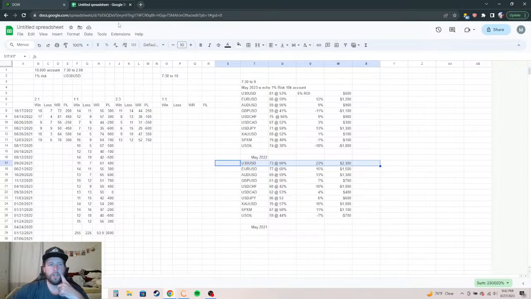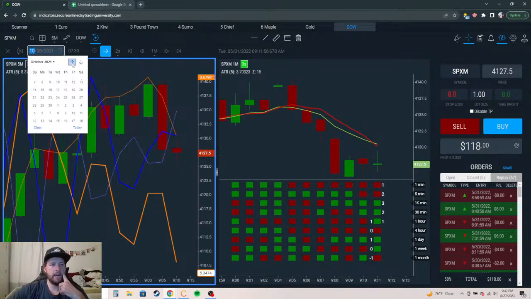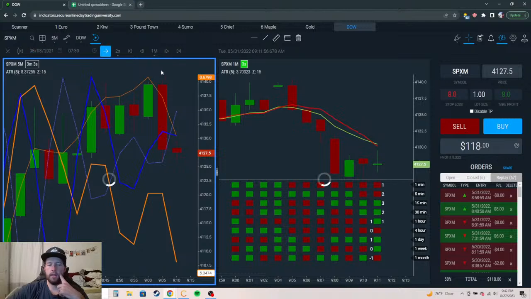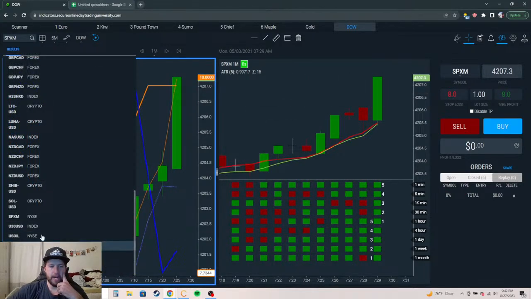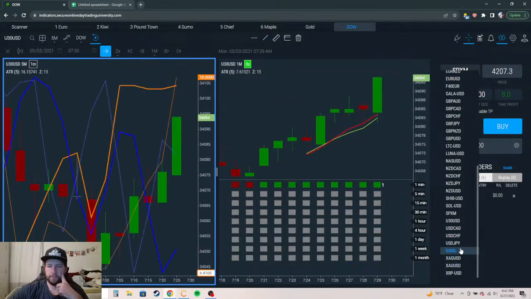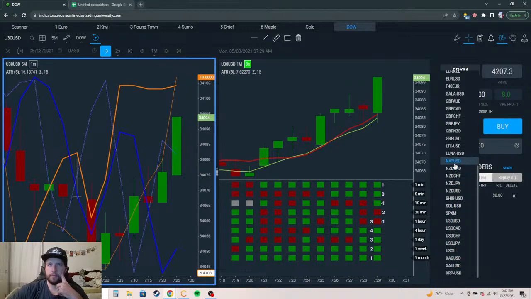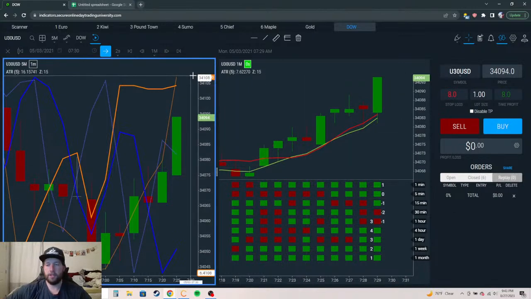So let's go back to our chart. Go to May of 21. Exit that out. Don't need that anymore. Pull up the Dow. U30. There it is. All right. Let's just do the same thing.